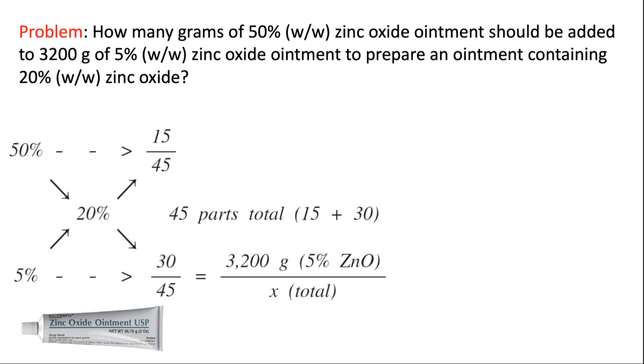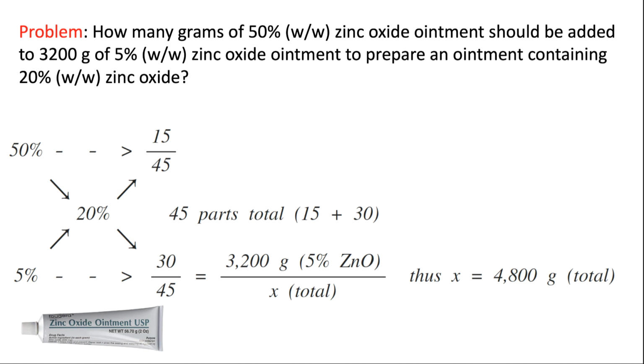So if I solve for X and basically take 45 times 3,200 and then divide that value by 30 by cross multiplying and dividing, I see that X is equal to 4,800 grams. And I'll remind you, that amount represents the 45 parts of the total weight of the product.